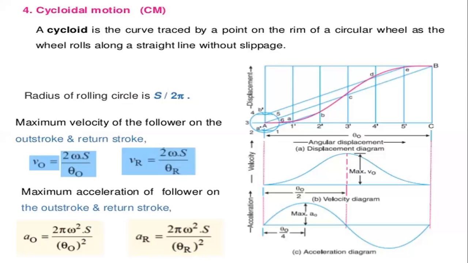So we need to take the circle of the diagram first, taking the stroke divided by 2 pi.